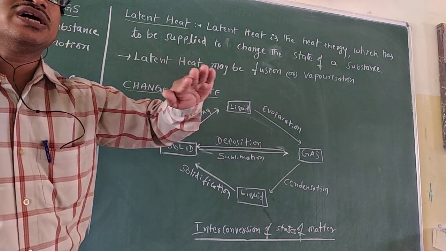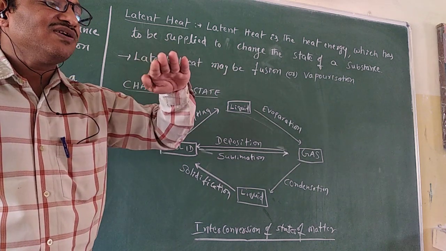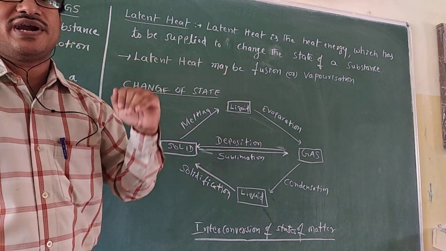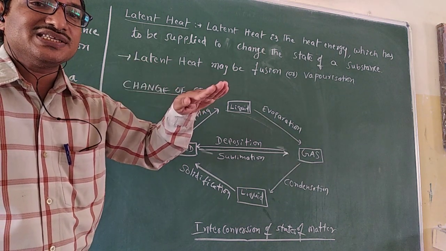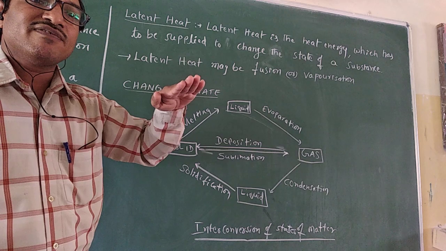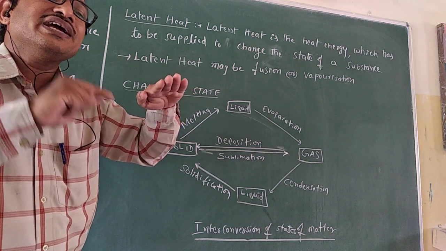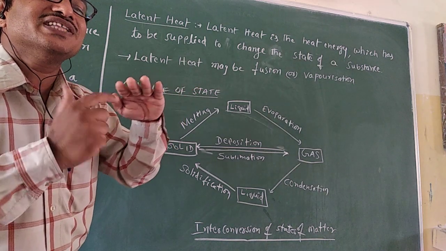But when it reaches 100 degrees Celsius, the liquid molecules start evaporating. Once it reaches 100 degrees Celsius, if you keep on heating, there is no change in the temperature.